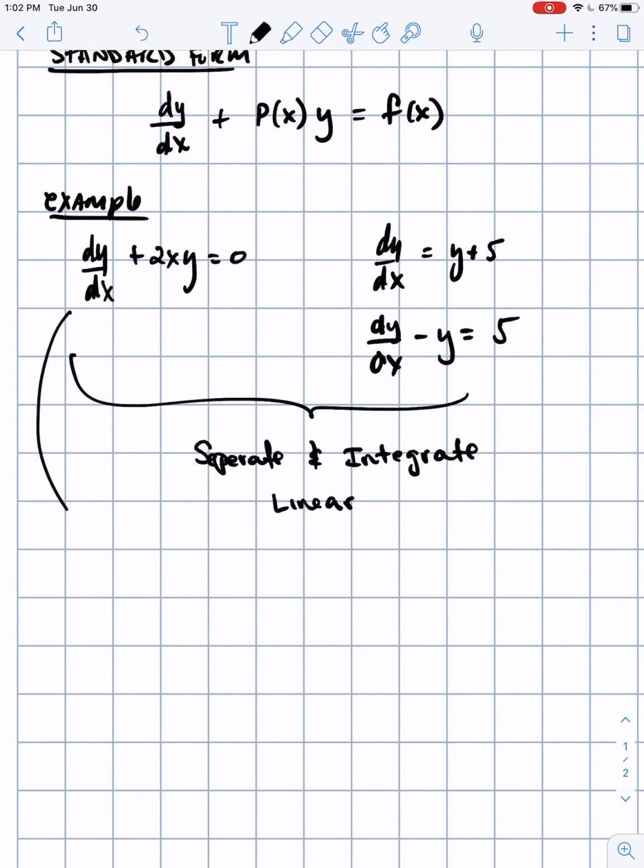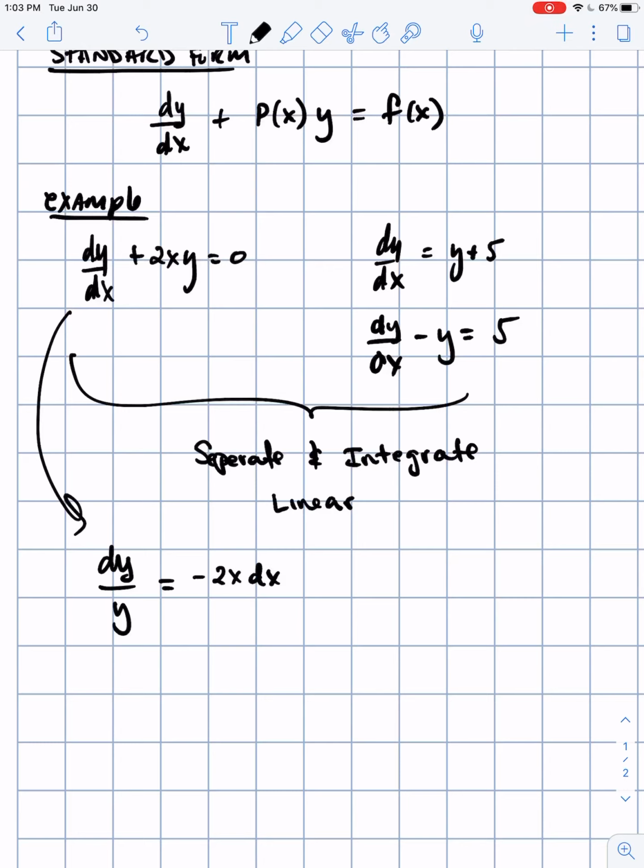But you could see this one, you could just write it as dy divided by y equals negative 2x times dx.